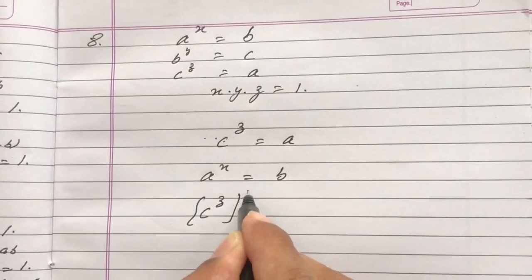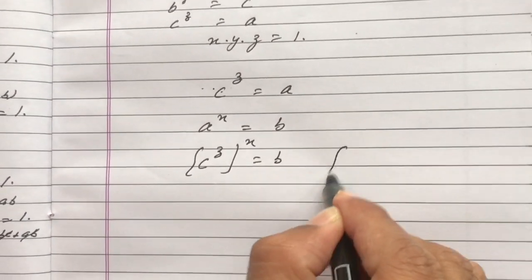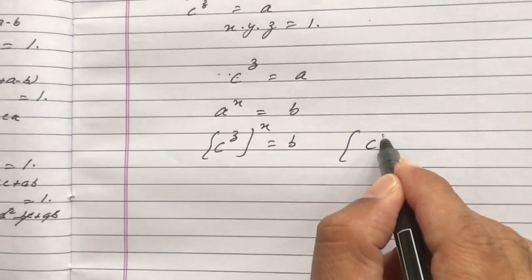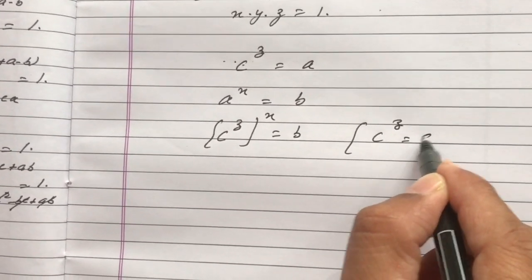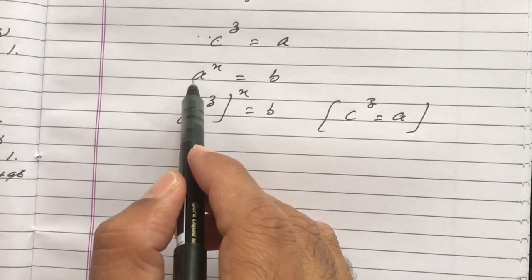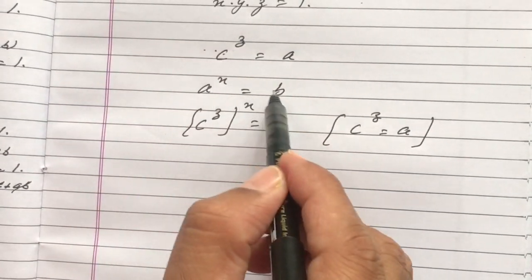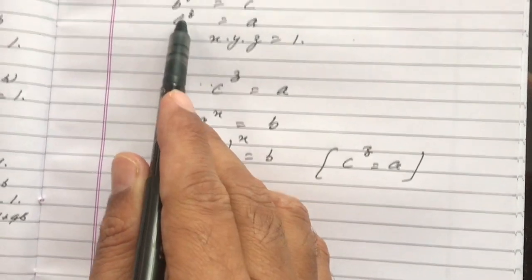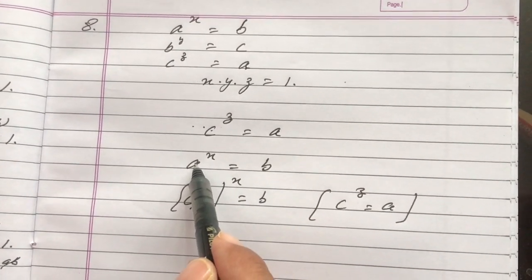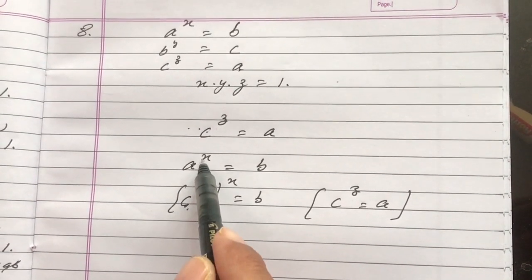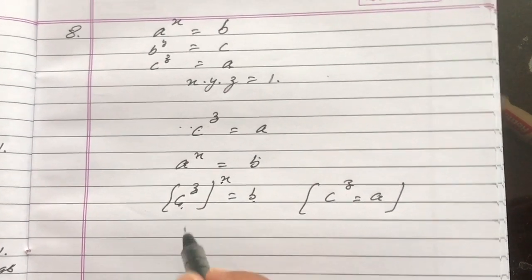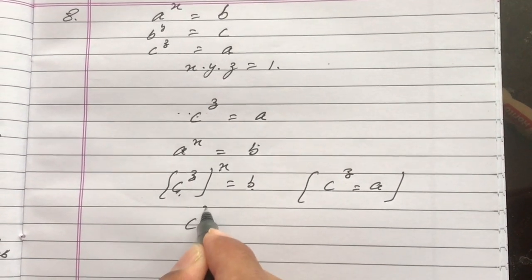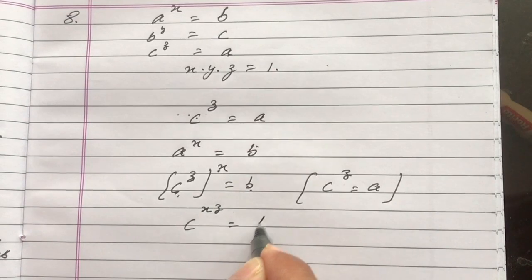C raised to power z raised to power x is B, because C raised to power z is A. So again I tell you, A raised to power x is B, but the value of A is C raised to power z. So in place of A write C raised to power z raised to power x is B. It means C raised to power xz is equal to B.